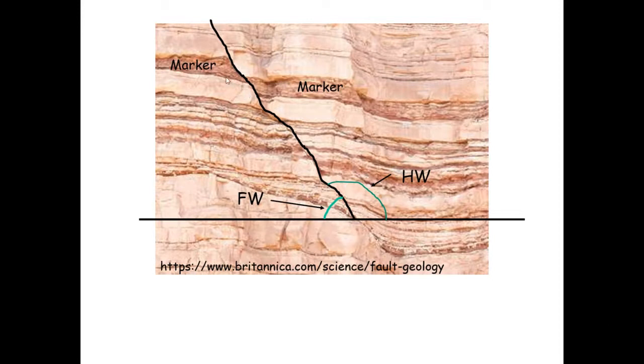Do I have to go down or do I have to go up? As we can see here, I have to go up. So in this instance, the footwall has moved up relative to the hanging wall. When that happens, you have what is called a normal fault. So a normal fault is when the footwall moves up or the hanging wall moves down. They're all relative to one another.